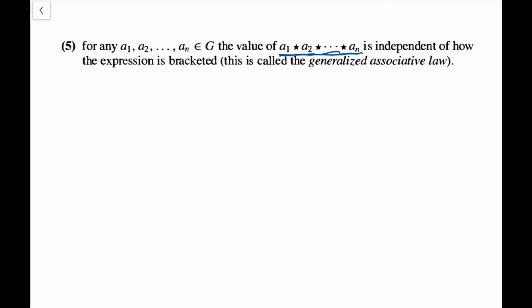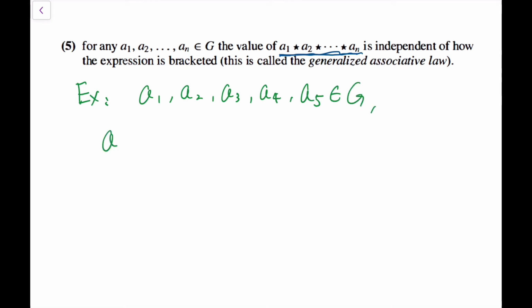I will not prove this in detail, but the idea is very simple. I just show you an example. So example, let's look at like 5 elements in the group G. If we have A1, A2, A3, A4, and A5 in the group G, and we do the operation like this: A1 star A2, A3, A4, and A5.